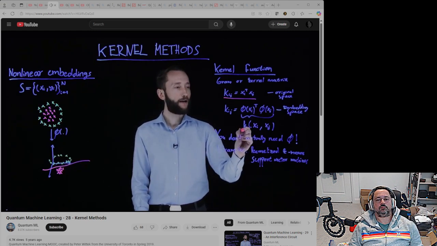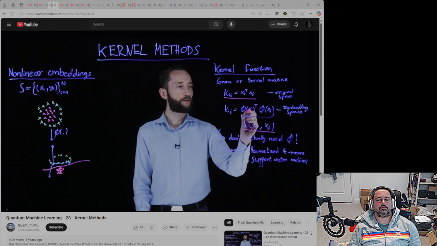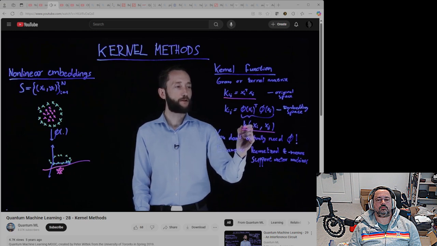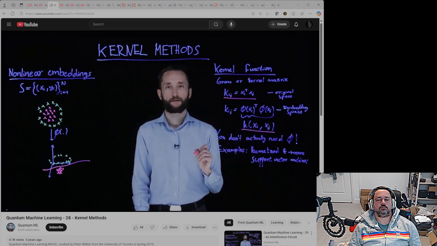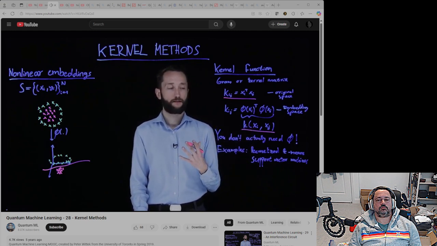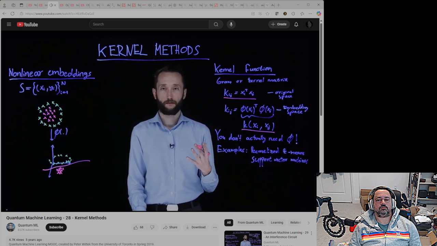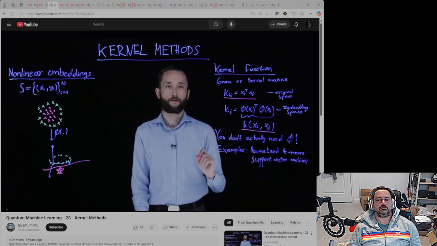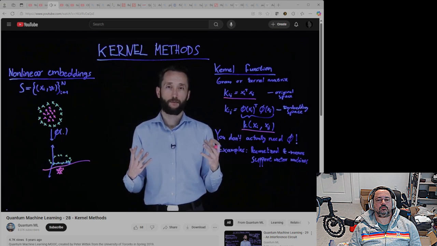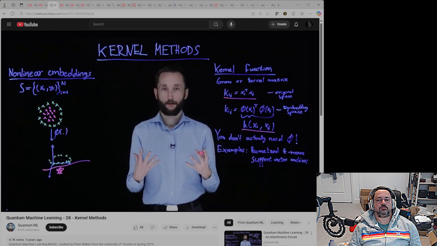Now you can define that this inner product in the embedded space is actually just some kernel function. It turns out that if this function fulfills certain basic requirements, namely it's a positive semi-definite kernel, then you don't actually have to know the phi embedding.